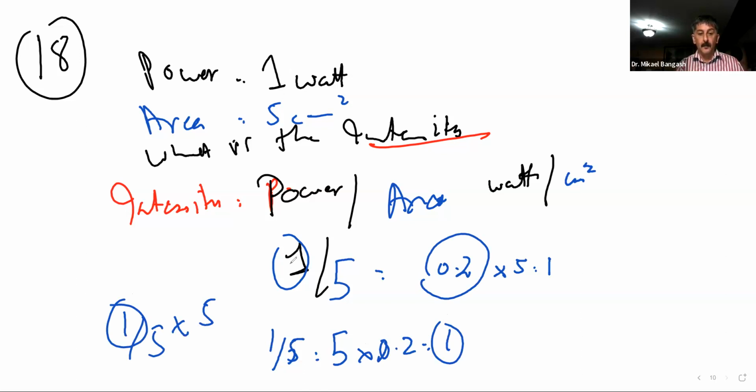So whether it says 1 or 5, or whether it says 2 or 10, or 3 or 15, it comes out the same: 1/5, and 1/5 is 0.2.